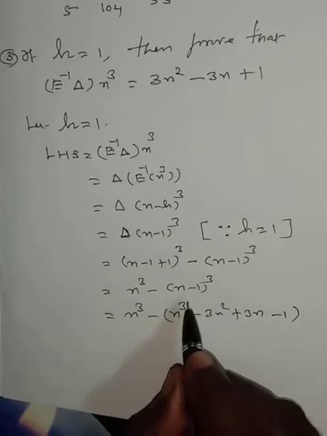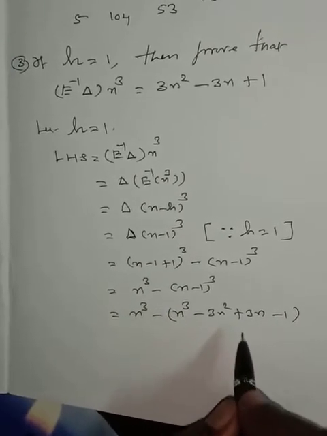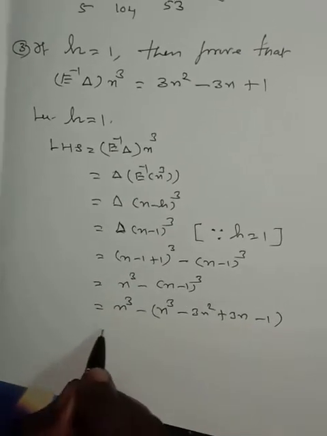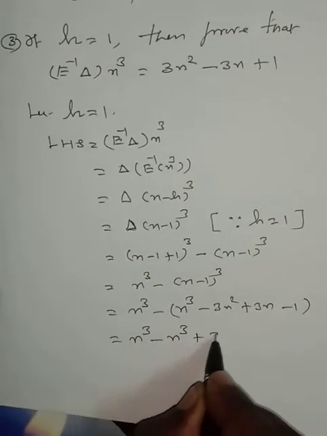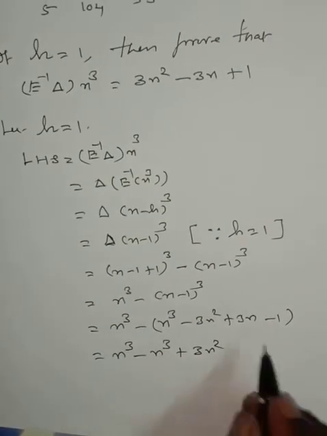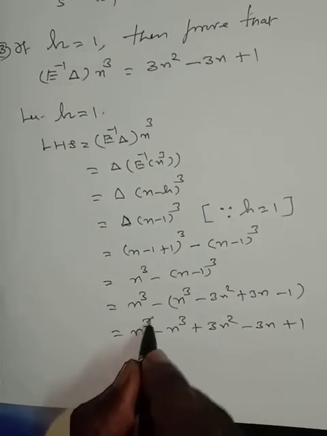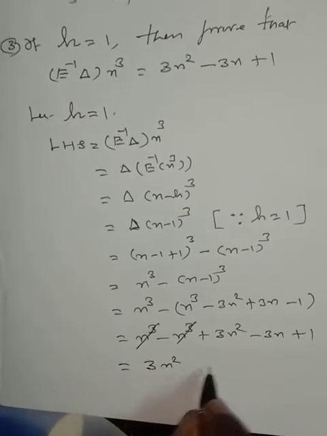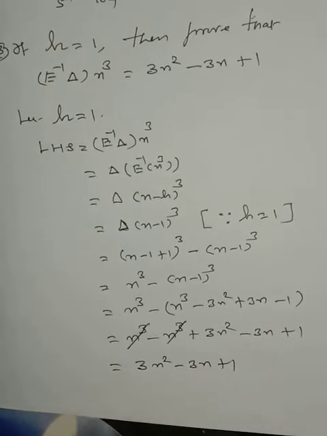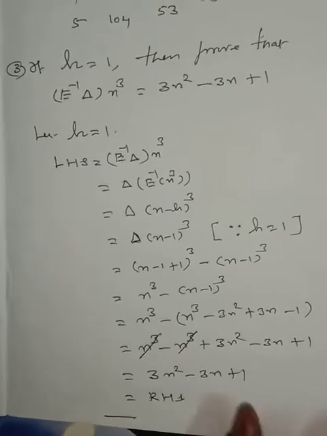This is a minus b whole to the power of 3 is a cube minus 3a square b plus 3ab square minus b cube. Now x power 3 minus x power 3 plus 3x square minus 3x plus 1. X power 3 cancels, is equal to 3x square minus 3x plus 1, which is equal to RHS. Hence the result.